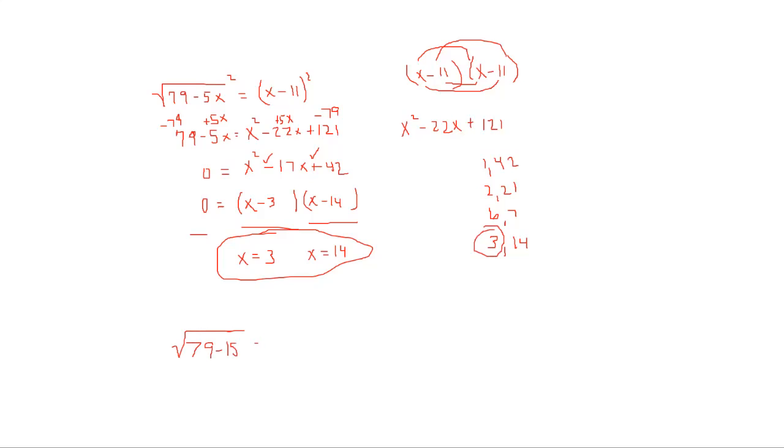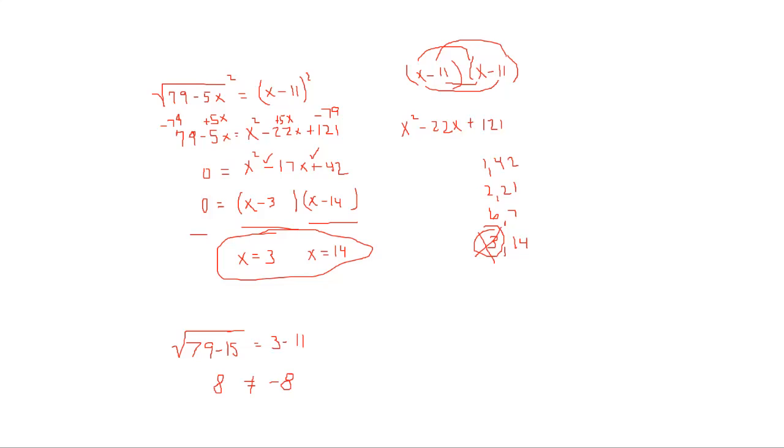And is that going to be equal to 3 minus 11? I can see the problem already. 79 minus 15 is actually 64, and the square root of 64 is 8. And 3 minus 11 is negative 8, and since 8 is not equal to negative 8, this did not check, which means 3 is an extraneous root. We cannot use the 3.